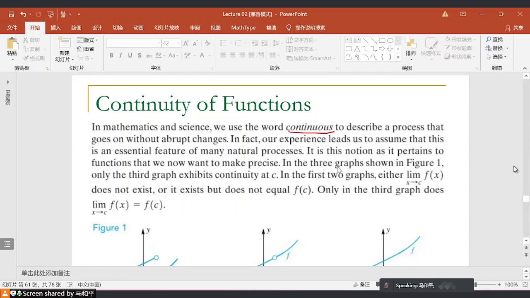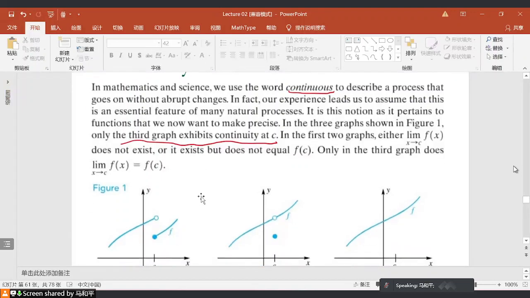Okay, in the 3 graphs in figure 1, only the 3rd graph exhibits continuity at c. In the first 2 graphs, either the limit does not exist or it exists but does not equal f(c). Only in the 3rd graph do we have this.